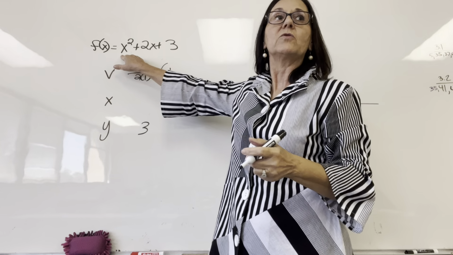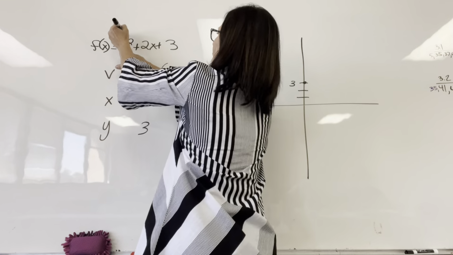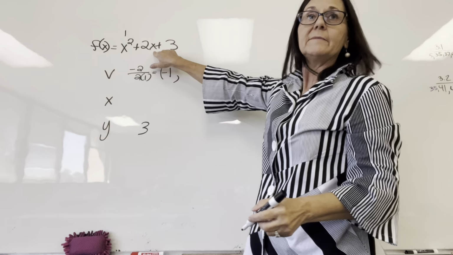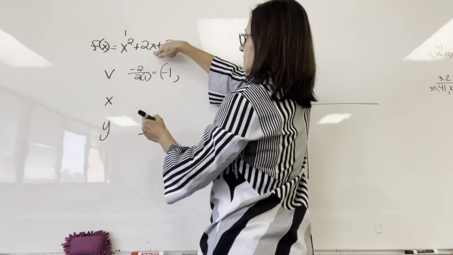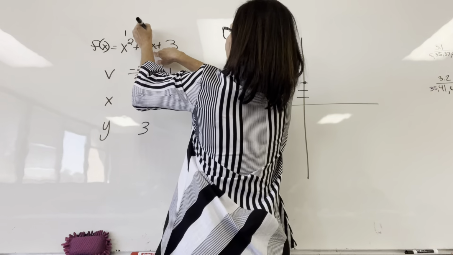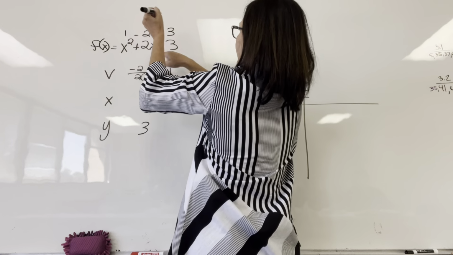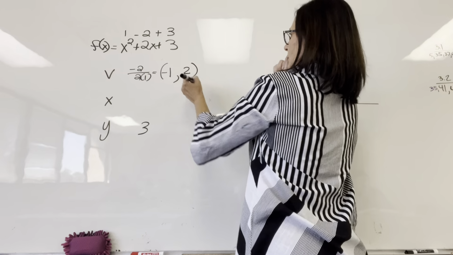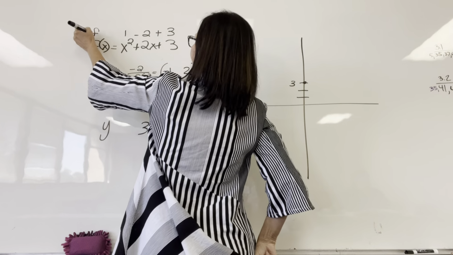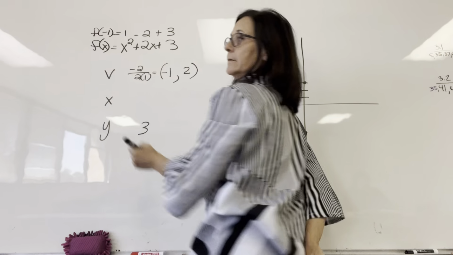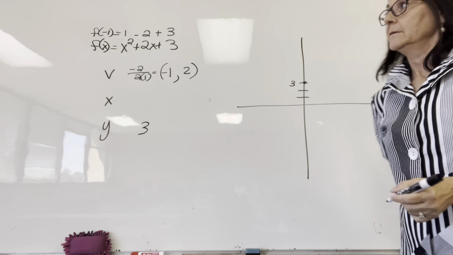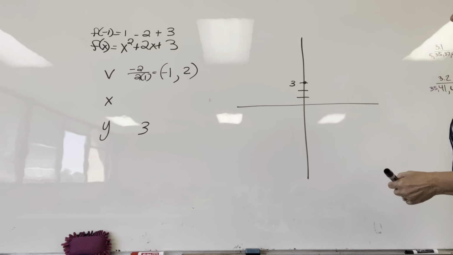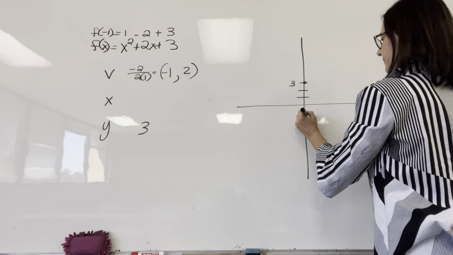Okay, so negative 1 squared is 1. Plus 2 times negative 1 is negative 2, plus 3. What is that? 2. Right? What did I do? f of negative 1.